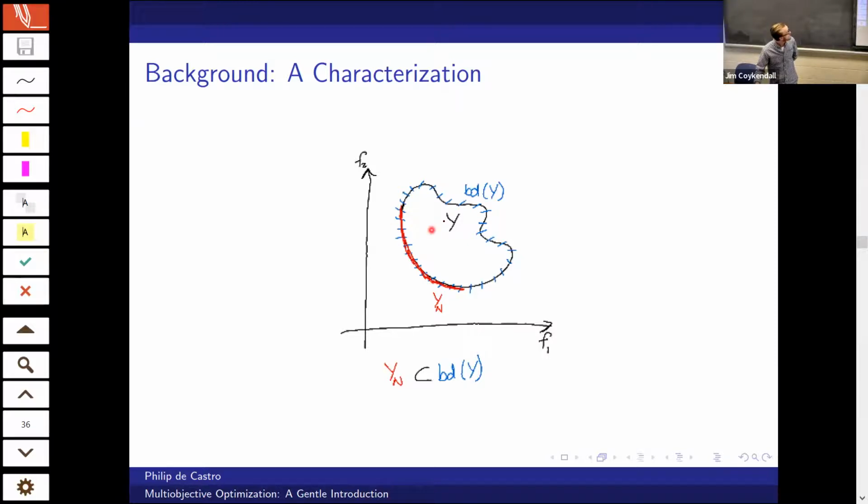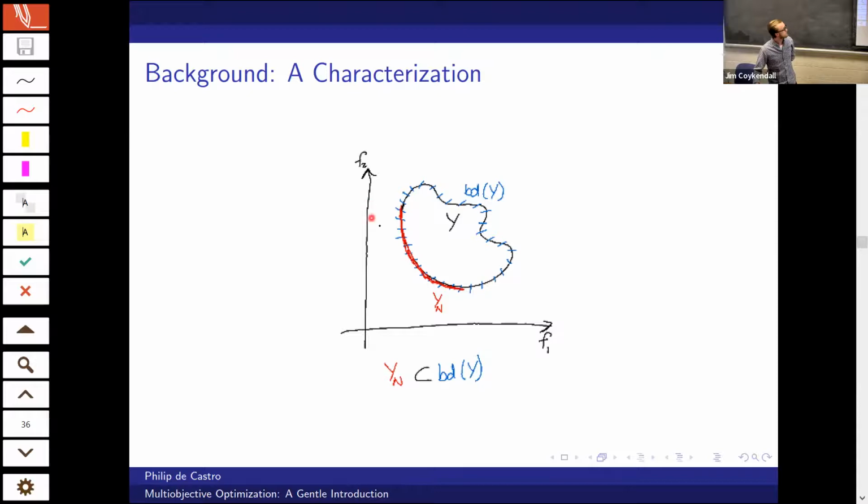So if I'm somewhere here in my outcome set and I want to minimize F1 and F2, that's going to be to the left for F1 and down for F2. And so if I'm minimizing, I'm going to be moving until I hit the boundary. When you're on the boundary, I can't go past because I won't be feasible. So all I can do is move up and down, basically. But if I move too far to the right, for example, over here, then I'm no longer efficient, because I'm dominated by things further to the left.